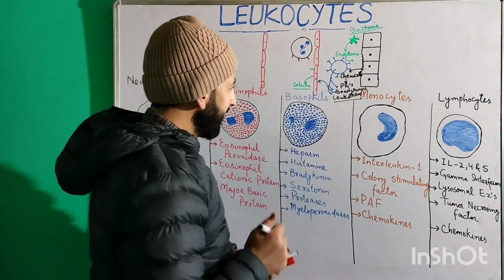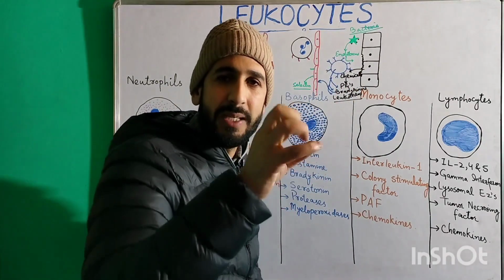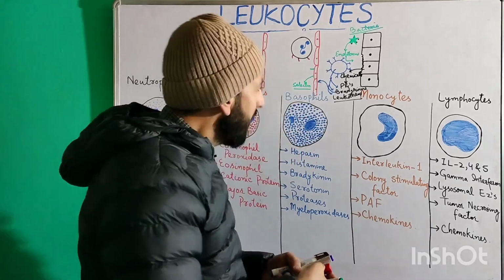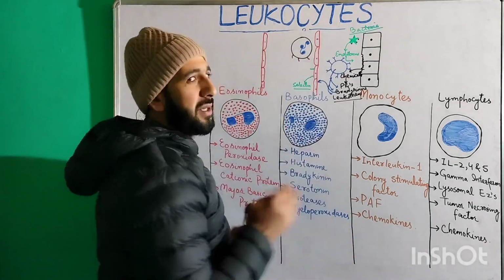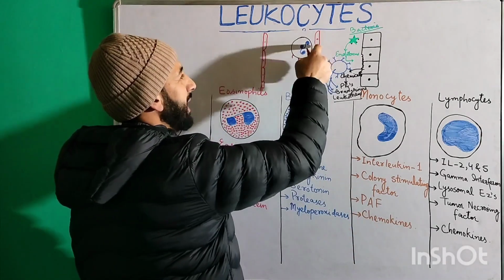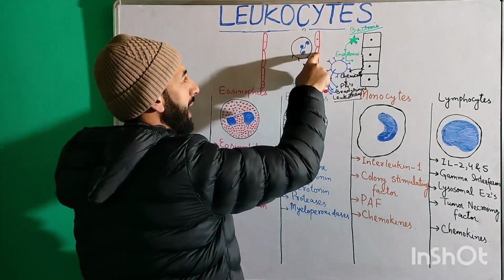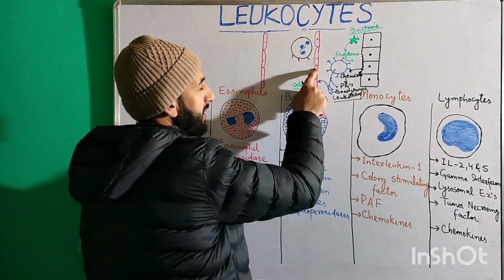The second thing is that these endothelial cells start contracting, and they contract in such a way that the gap between these endothelial cells starts increasing. Here you can see that there is no gap between this endothelial cell and this endothelial cell.